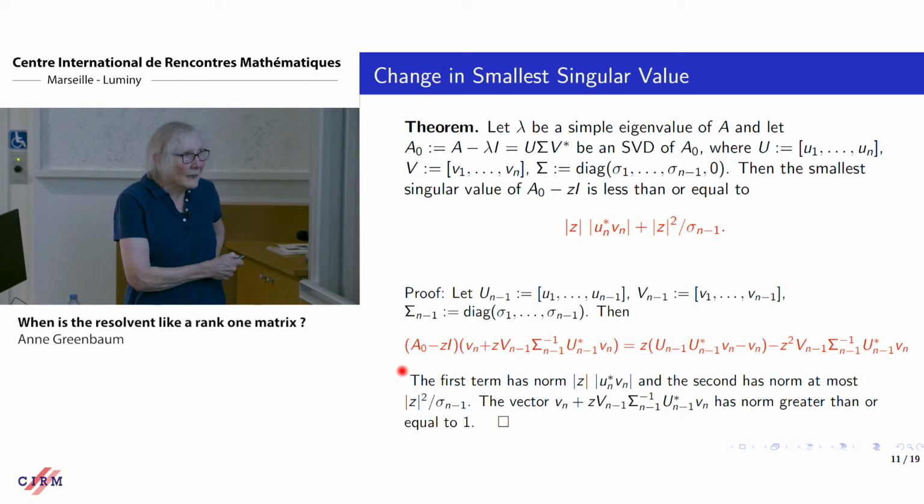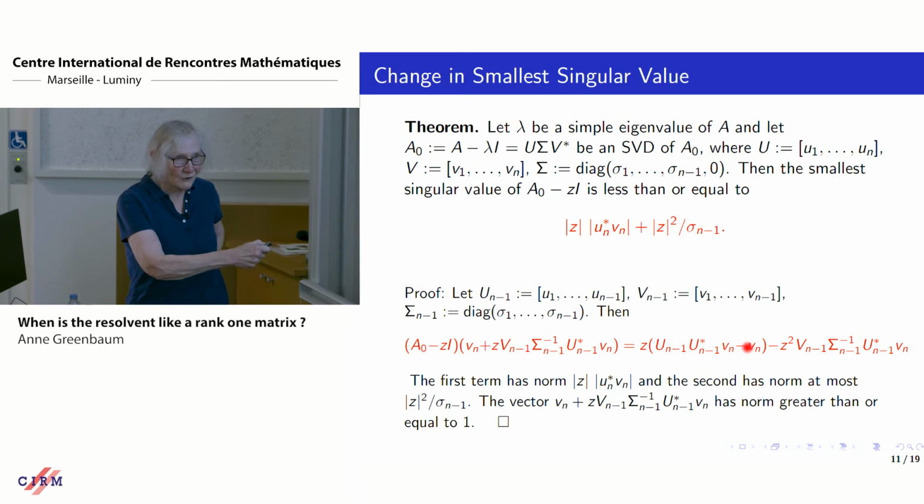When I apply A0 to columns 1 through n minus 1 of V, I get un minus 1 times sigma n minus 1. So what I get when I apply A0 to this second term is just un minus 1 star times vn. And now I subtract vn from that.